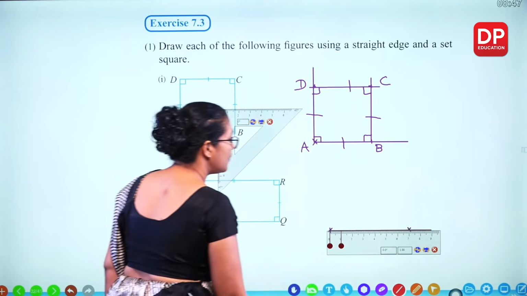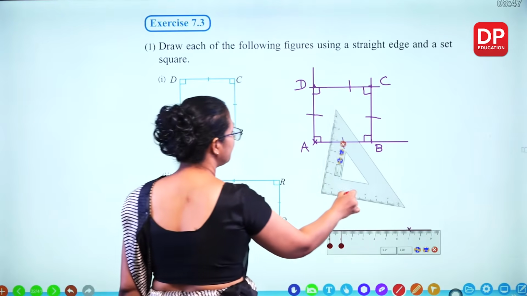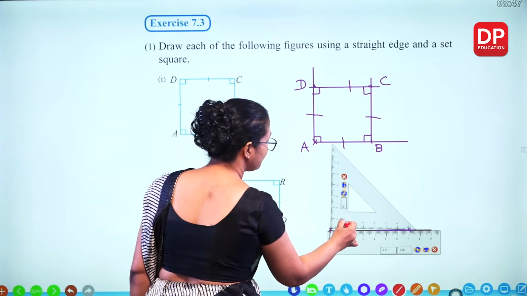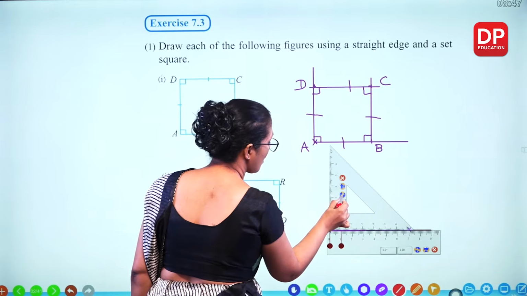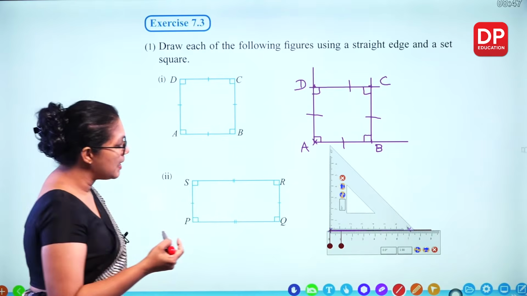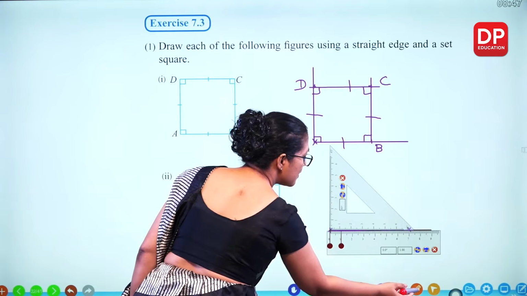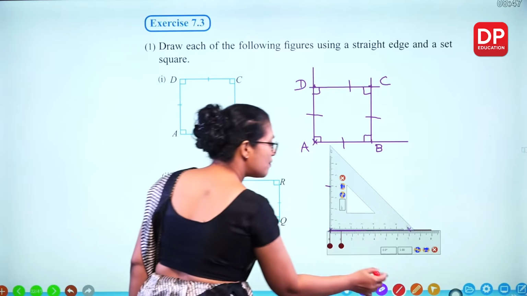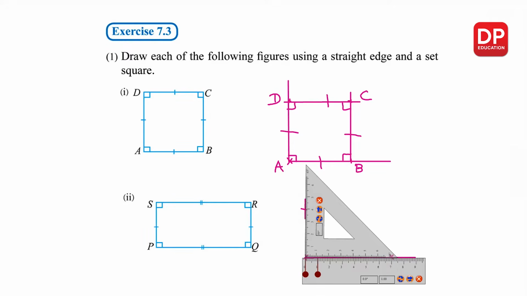That's Q. And then I can keep the set square here on top of this straight edge. So I can take a different length here. I'll take 3 centimeters. So 3 centimeters or 4 centimeters this side. And I can mark this point and draw the perpendicular line as well.